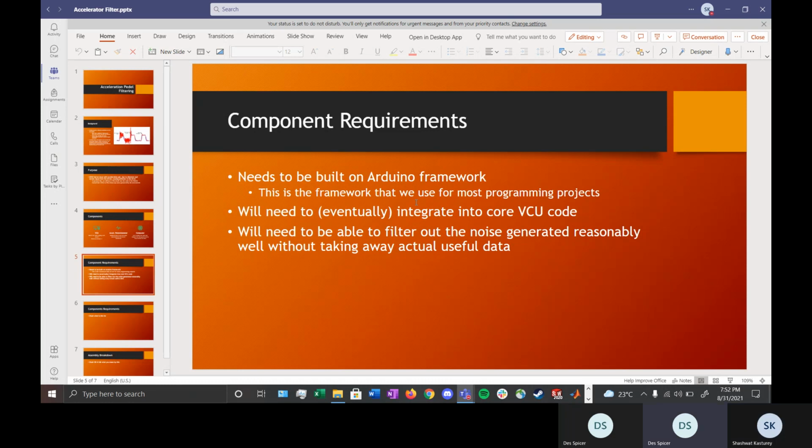It's a CS heavy project. This one would actually require more programming knowledge than the fan controller would. If I think about it, yeah, it would. So if you want a somewhat challenging programming challenge, this would be the one to look at doing.